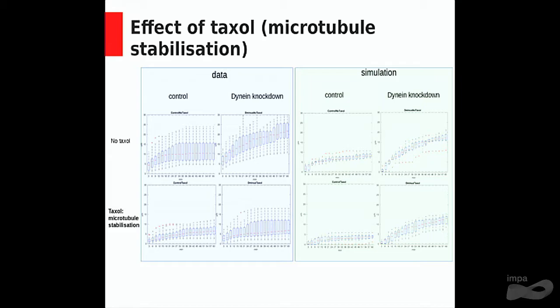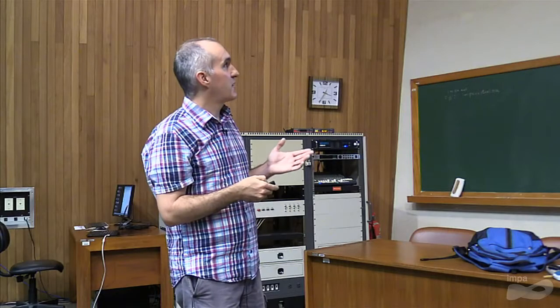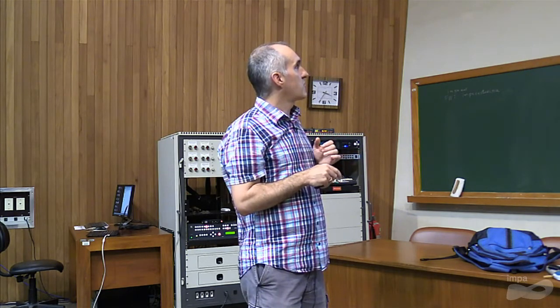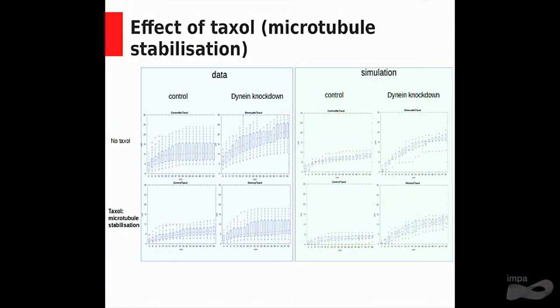What we observed in the simulations is that especially for dynein to be active, we need dynein to be in contact with plus ends. So here, for example, in control cells, the idea is that kinesin drives process growth up to a certain threshold length, and then it's dynein which takes over. Of course, for dynein to take over, it needs plus ends of microtubules, but we argued that if there wasn't any dynamic instability, so no microtubule polymerization, then those plus ends would never reach the process, and so dynein wouldn't be active.